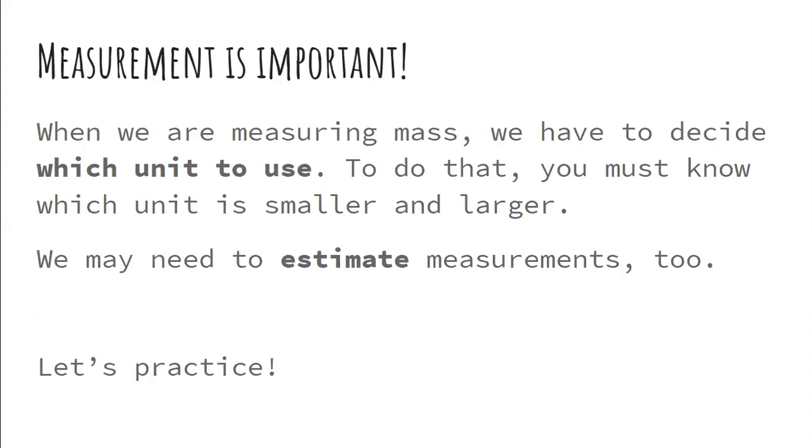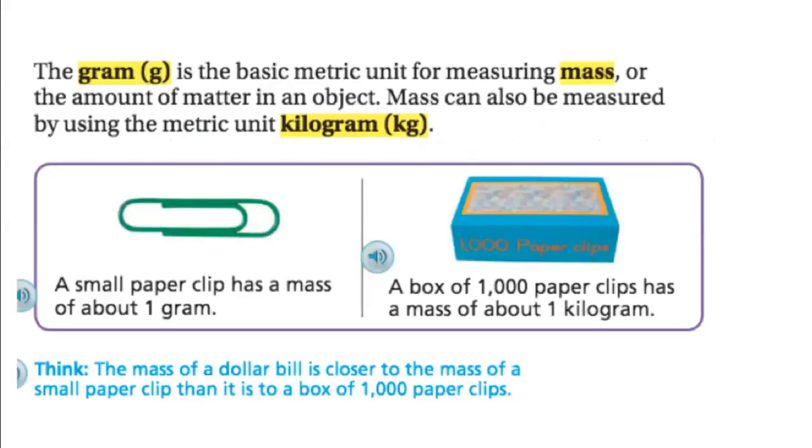Measurement is important. When we are measuring mass, we have to decide which unit to use. To do that, you must know which unit is smaller and larger. We may need to estimate or guess measurements too. So let's practice. Gram is the basic metric unit for measuring mass or the amount of matter in an object.